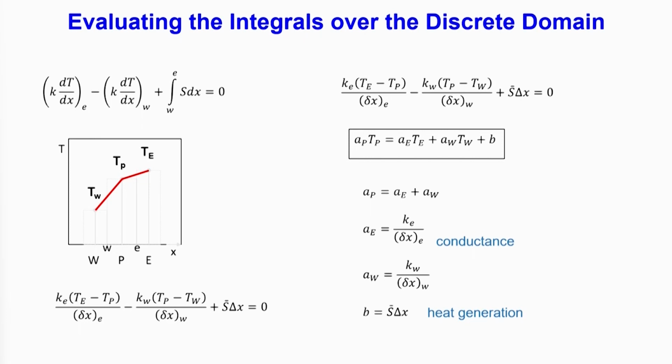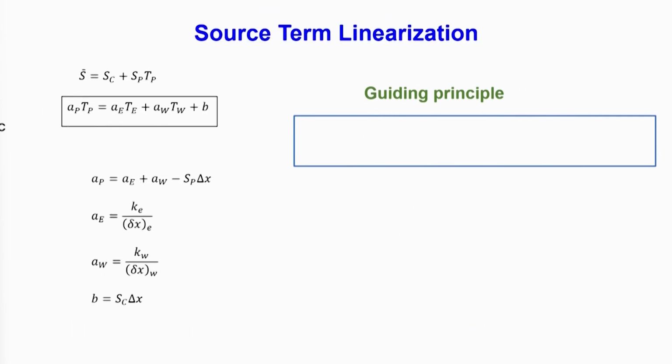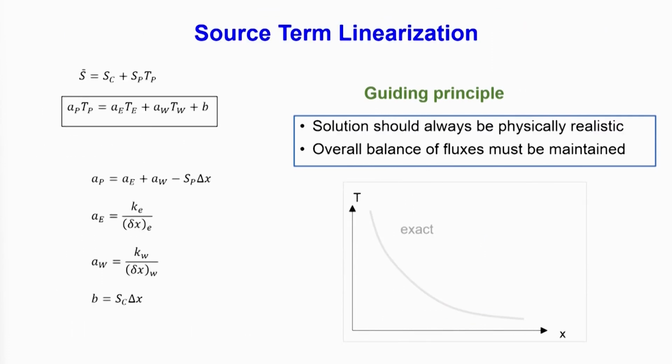What you see here, the most important observation, is that the temperature at the point P is influenced by the temperature at E and W. This is a true representation of an elliptic problem. That means at a point it is influenced by neighbors on all sides. So, for every point P you will have this equation.